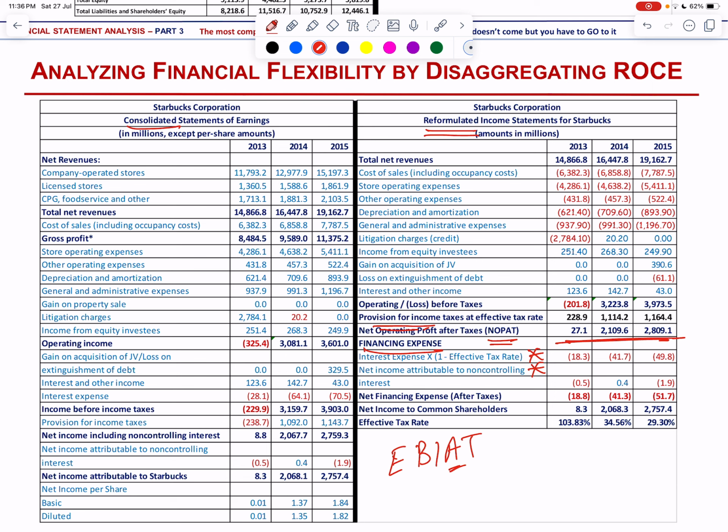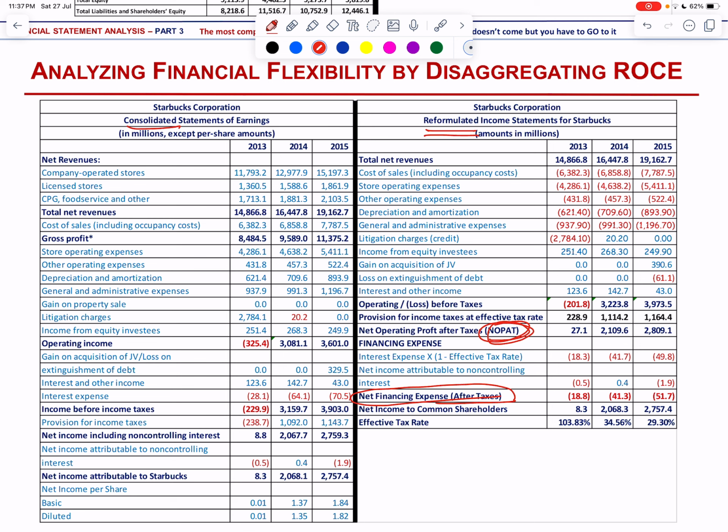So NOPAT and EBIAT essentially means the same thing when operating and financing activities are treated correctly along with proper tax treatment. The reformulated income statement splits Starbucks tax provisions between NOPAT and net financing expenses.